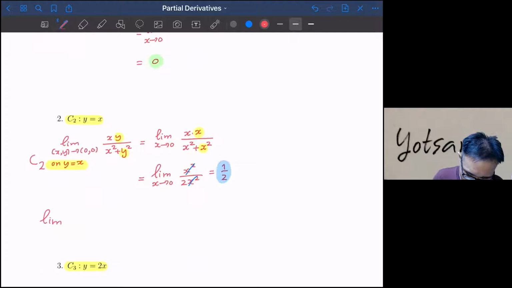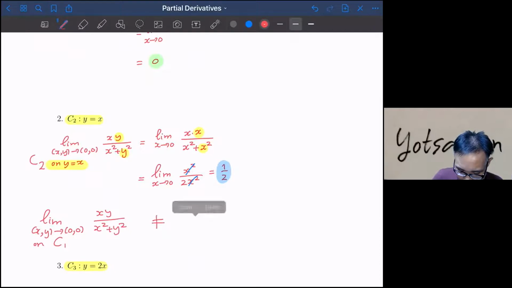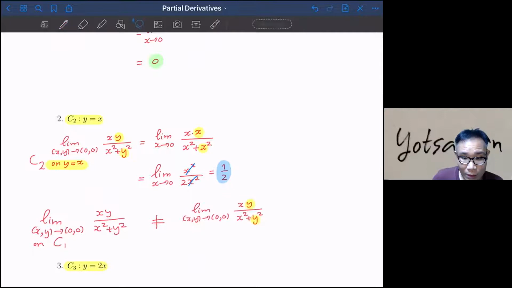The limit as (x, y) goes to (0, 0) on C1 of xy over x squared plus y squared does not equal the limit on C2.